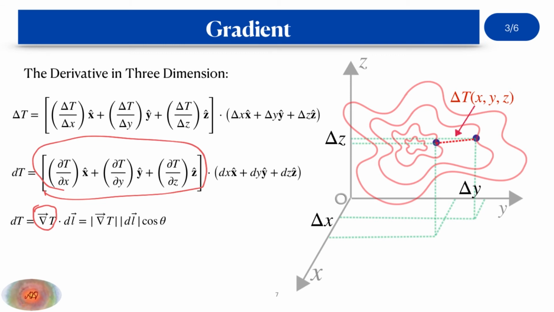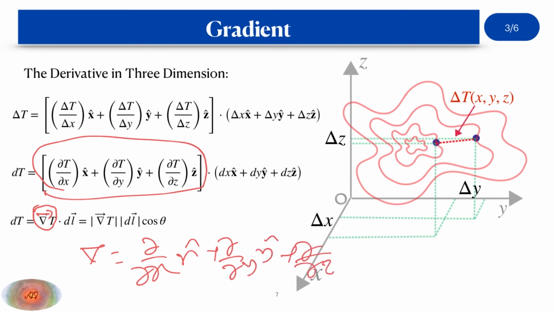Look here, I have placed the vector symbol, although this symbol is not a vector itself. Why is this symbol not a vector? Because this represents this operator del x, x cap, plus del y, y cap, plus del z, z cap, as you can see from the above expression.